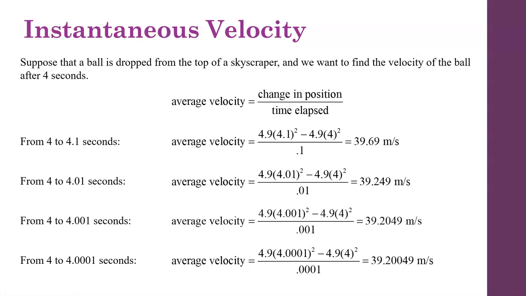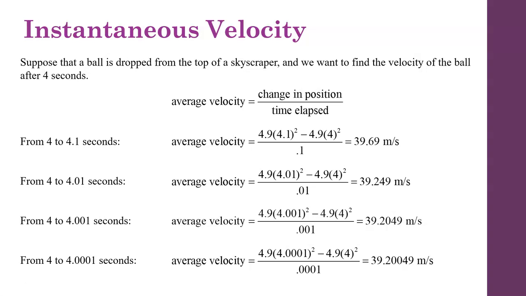We can see what's happening here: as my time interval gets smaller and smaller, I get an average velocity that's getting closer and closer to 39.2. It turns out that the actual instantaneous velocity after 4 seconds is exactly 39.2 meters per second.